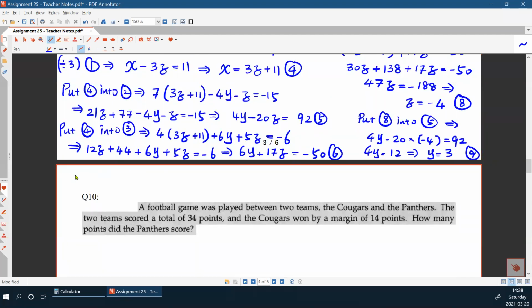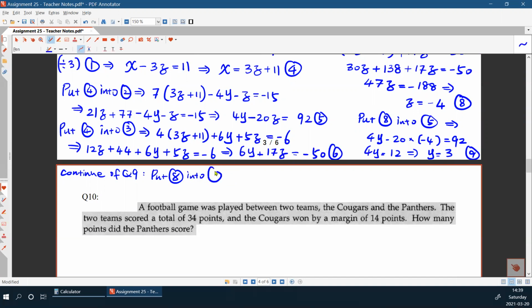Okay, running out of space, so let's continue here. Then we can put number 8 and number 9 into, actually we don't have to use number 9, right? Just put number 8. Number 8 is enough to solve our x.